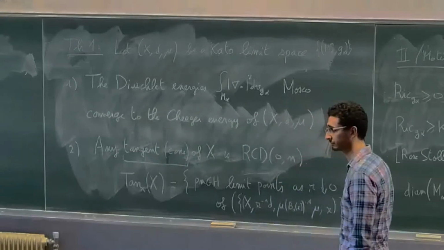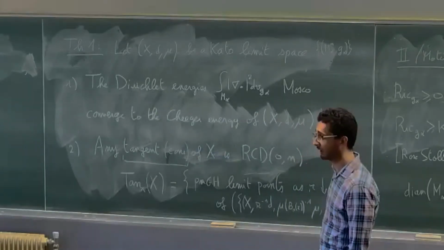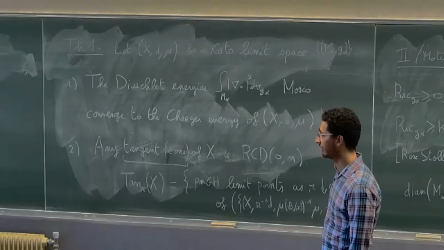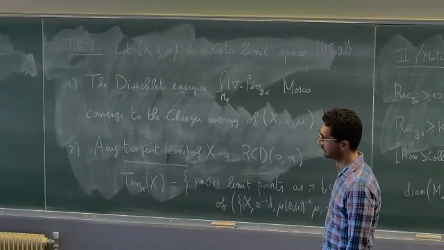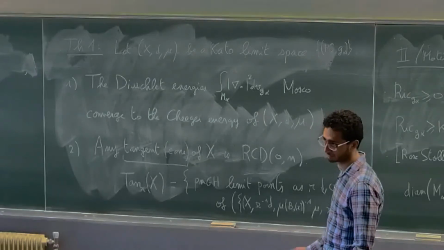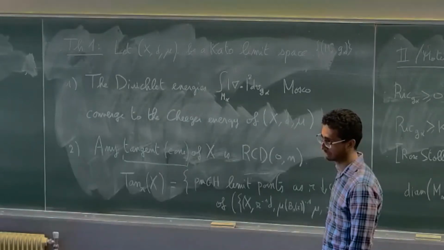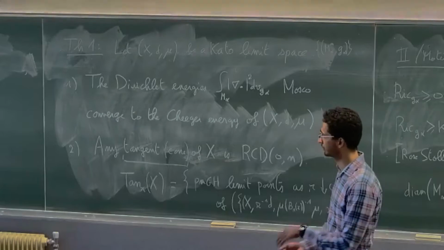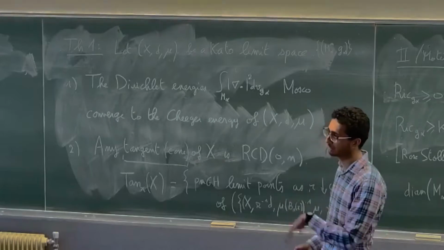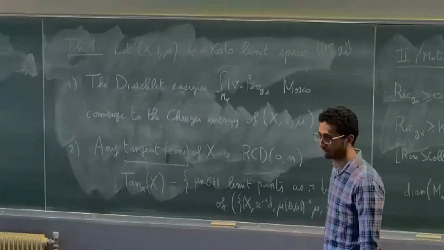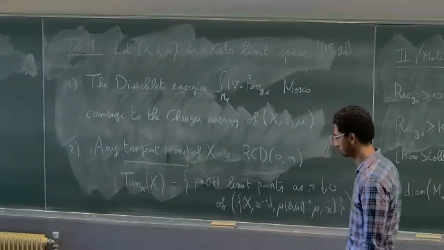There's a question on the chat: what is Moscow convergence? Yes, it's the gamma convergence for Dirichlet forms. You need to check two assumptions: one assumption with a lim inf and one assumption with a lim sup.